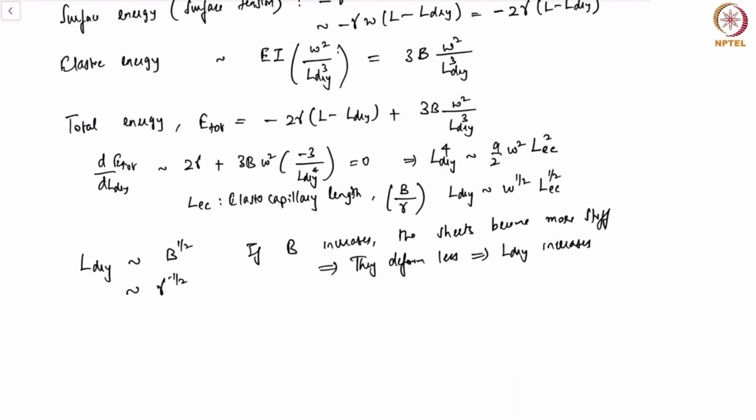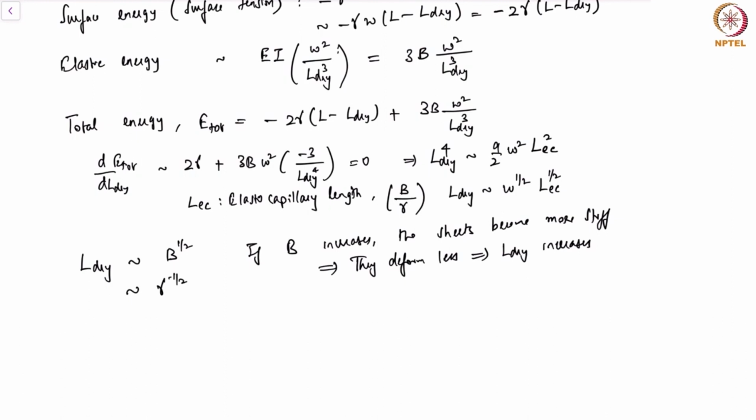Now the reverse is also true. It goes like 1 by gamma power half. So if you basically make surface tension very strong, then L dry decreases. L dry decreases means the length of the dry portion decreases, which means that the fluid is able to travel much further.